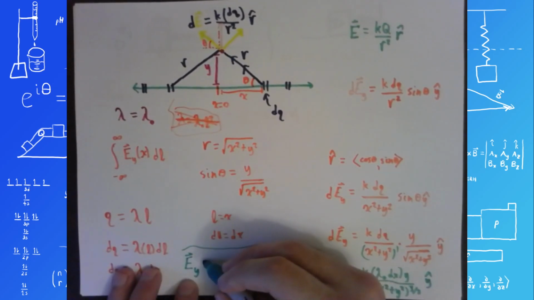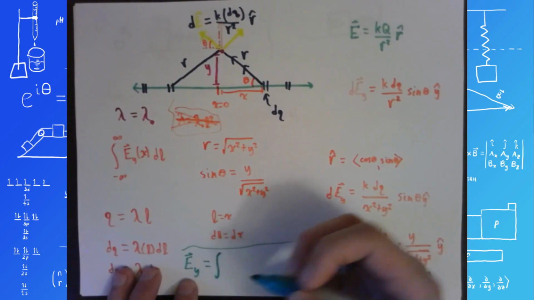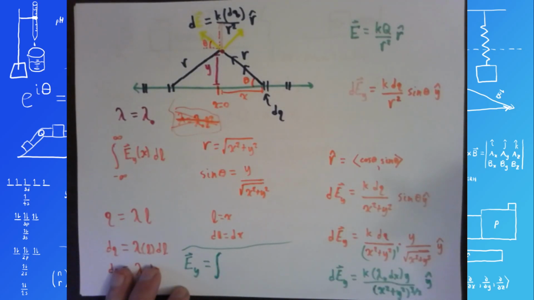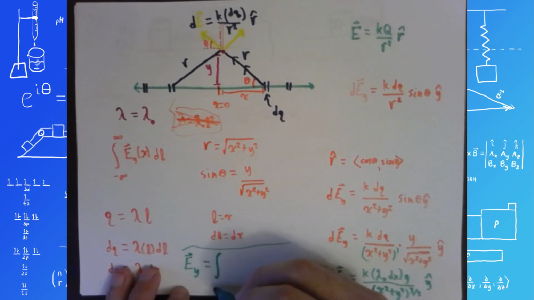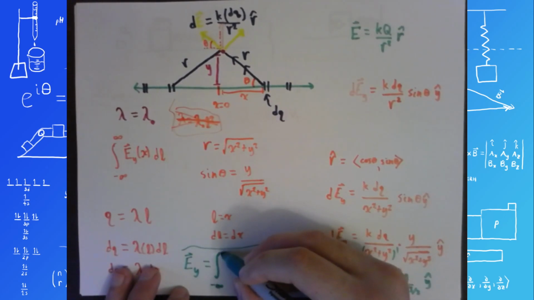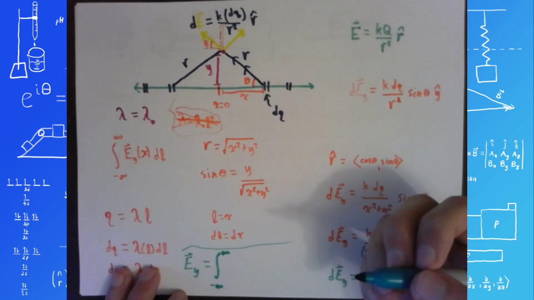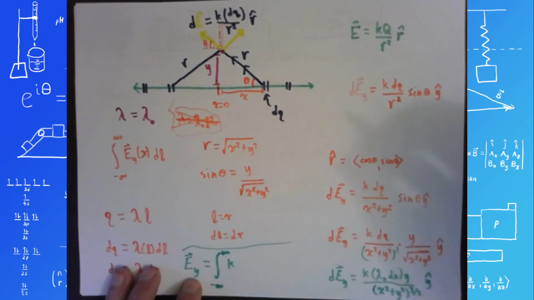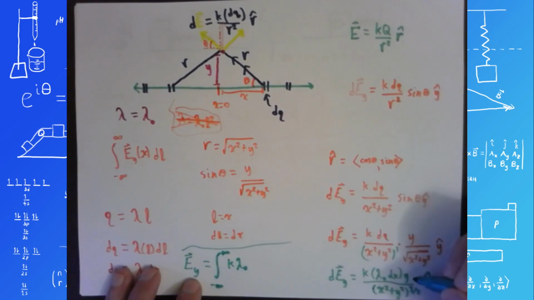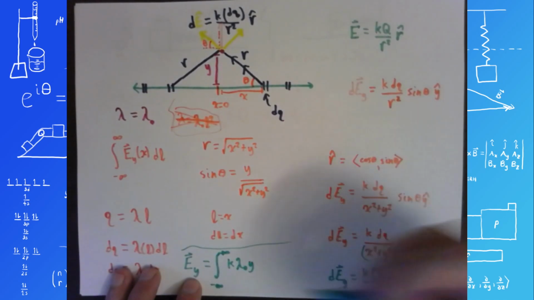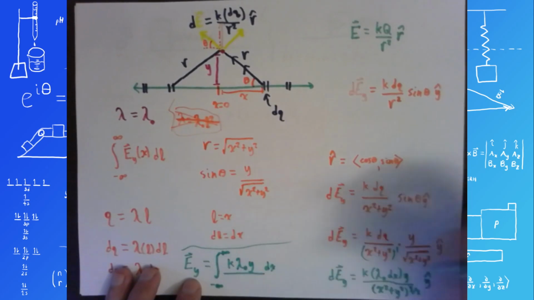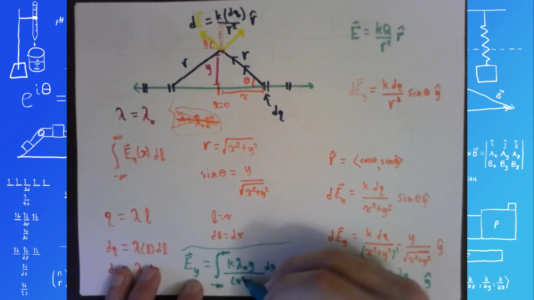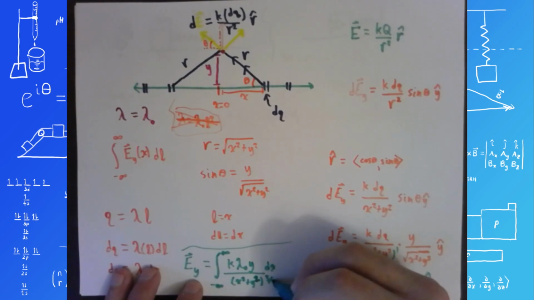So the total electric field in the y direction is simply the integral, we're just integrating with respect to x, so from x equals negative infinity to x equals positive infinity of this dEy, which is just k times lambda 0 times y first, and then the dx, all over x squared plus y squared to the 3 halves.